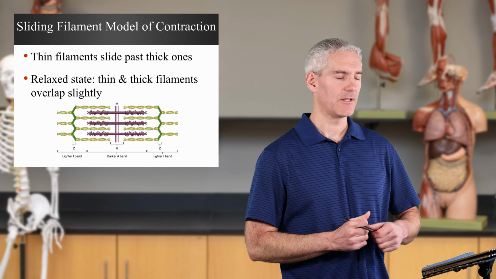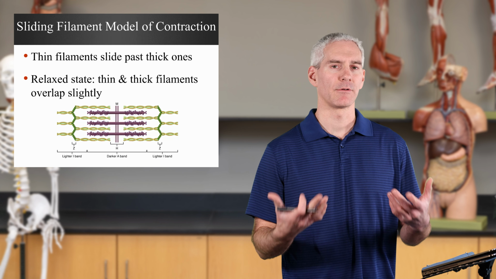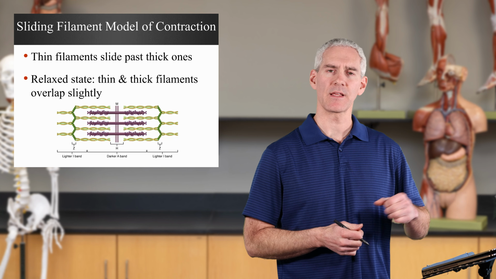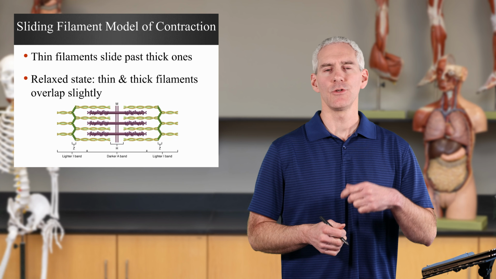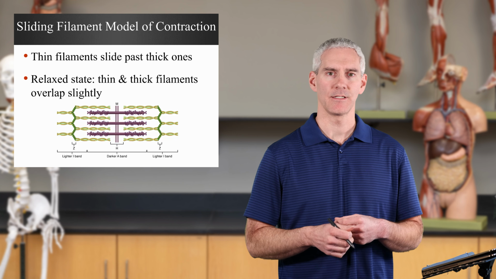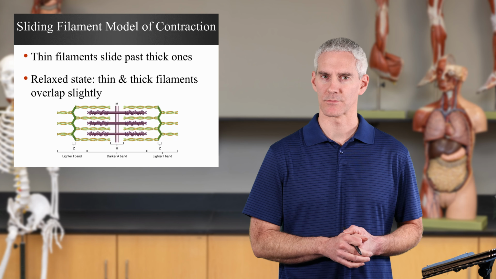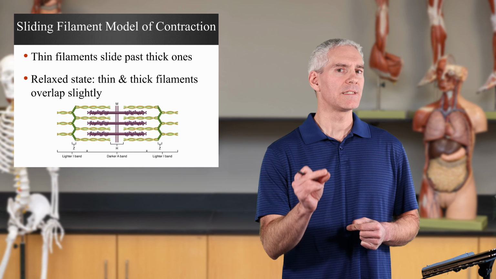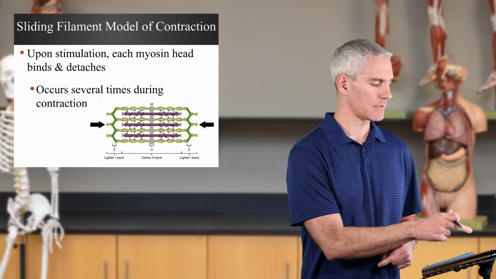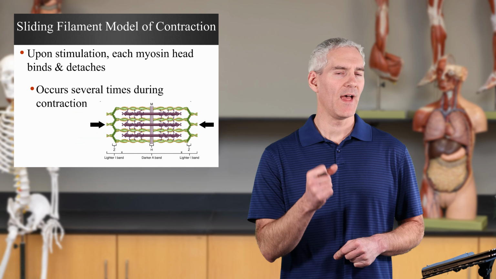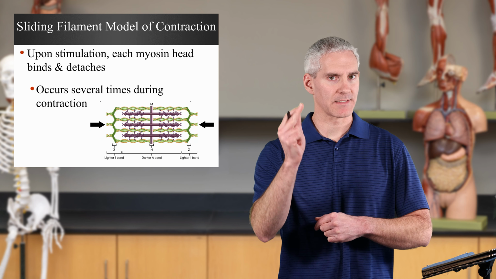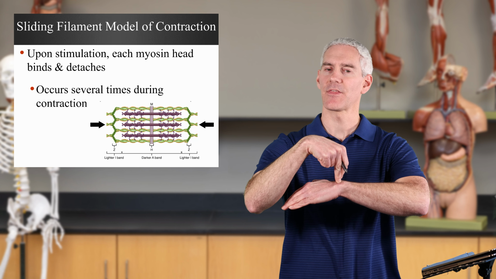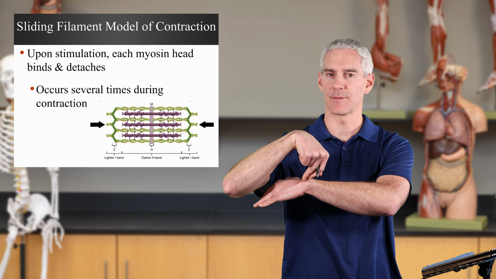Now, when the thin filaments are at relaxed state, they're only overlapping a little bit. So thick and thin overlap a little bit. You have your M line, you're going to have your H zone. But now, once contraction starts, then the thick filaments, the myosin heads, attach and bind to the thin filament and pull it to the middle.